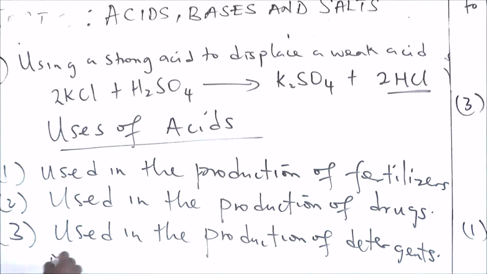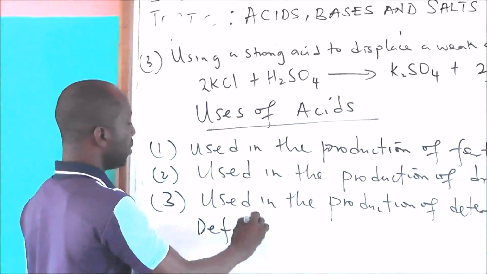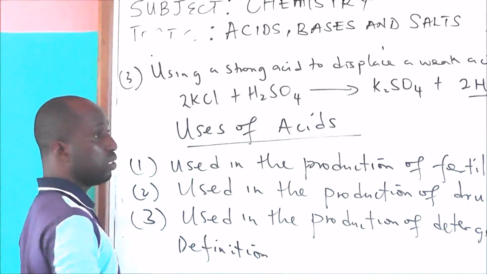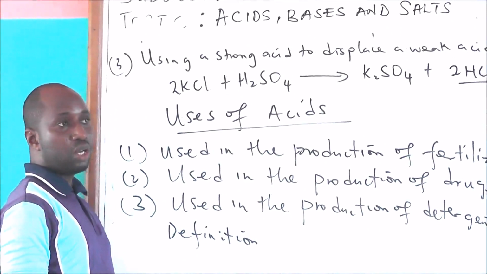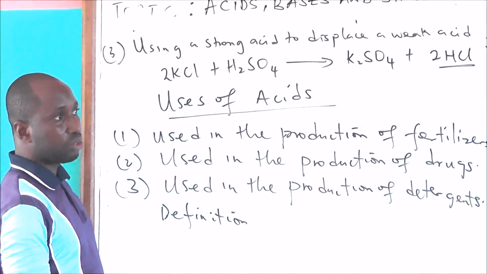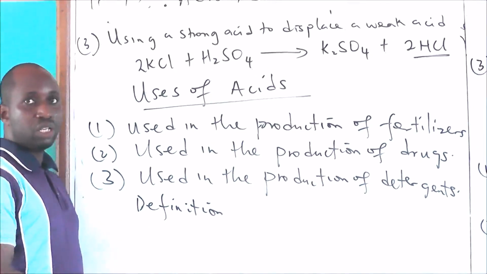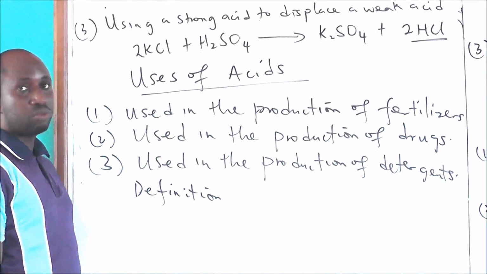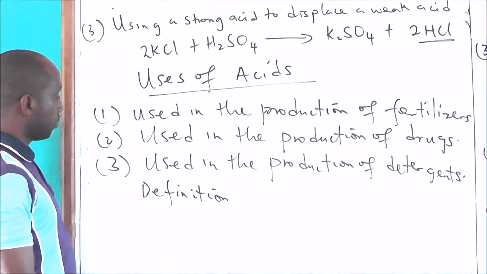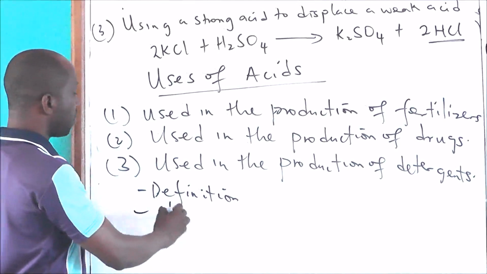One, you need to know the definition of an acid. As I stated at the beginning, a substance that produces hydrogen ion or hydronium ion as the only positive ion when dissolved in water. Then you need to know the classes of acid.